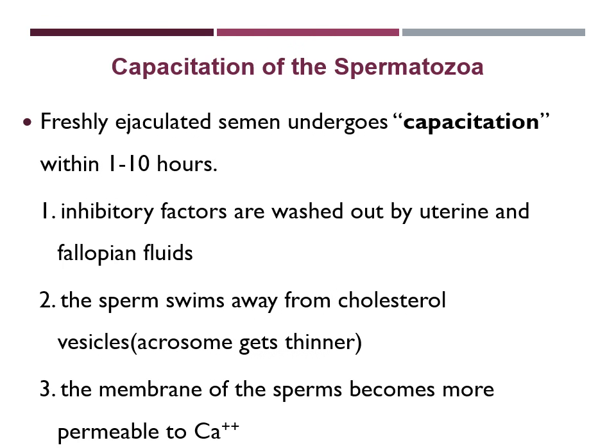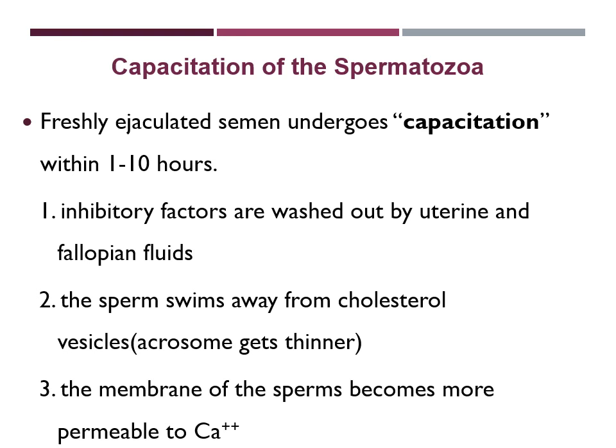The first process of this capacitation is washing away the inhibitory factors that inhibit motility of the sperms by the uterine and fallopian fluids.